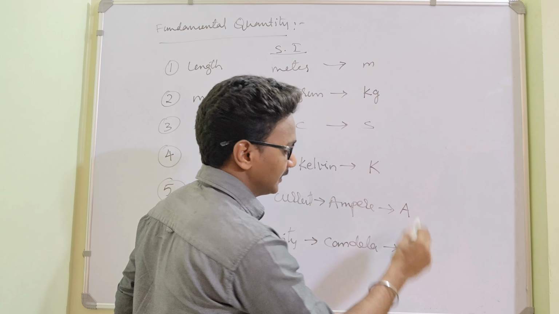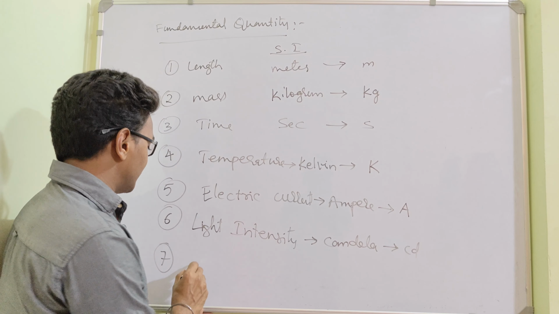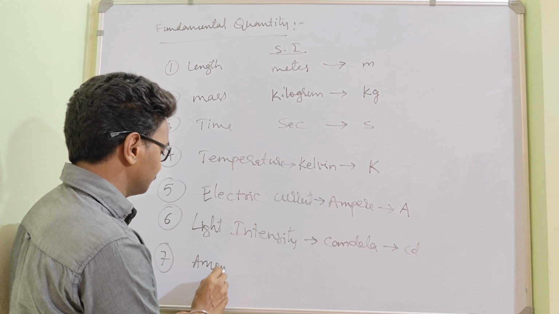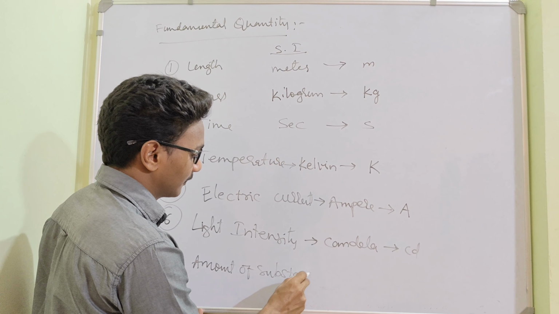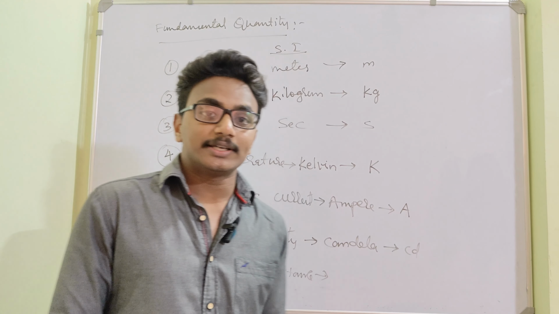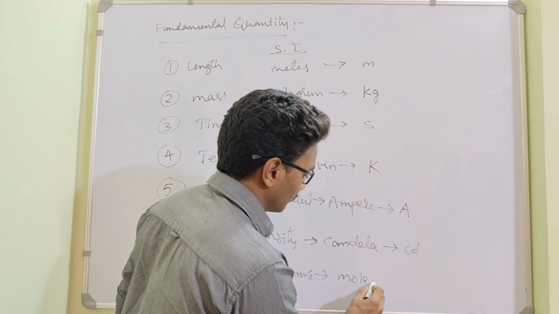Simply we can write it as cd. The seventh fundamental quantity is amount of substance. The SI unit is mole. We can represent it as mol.